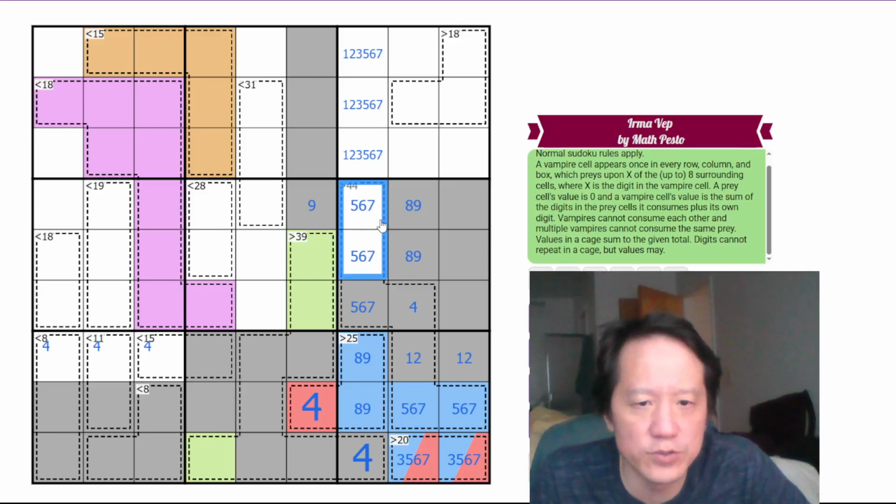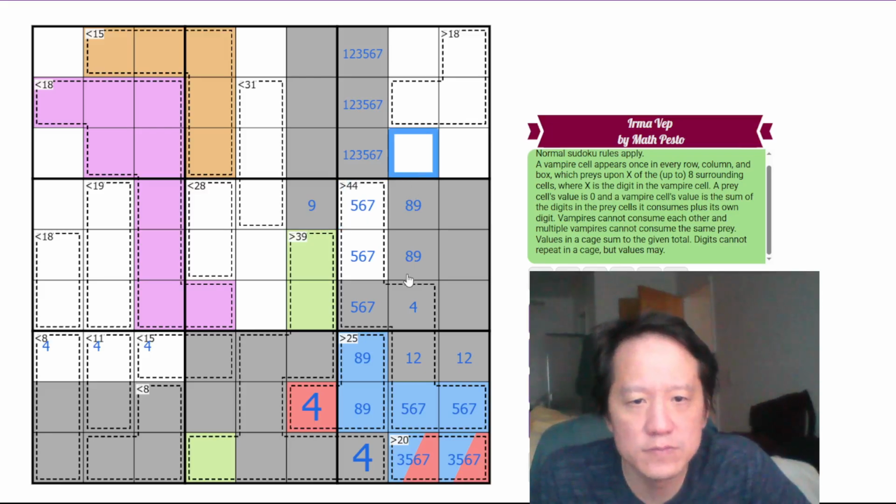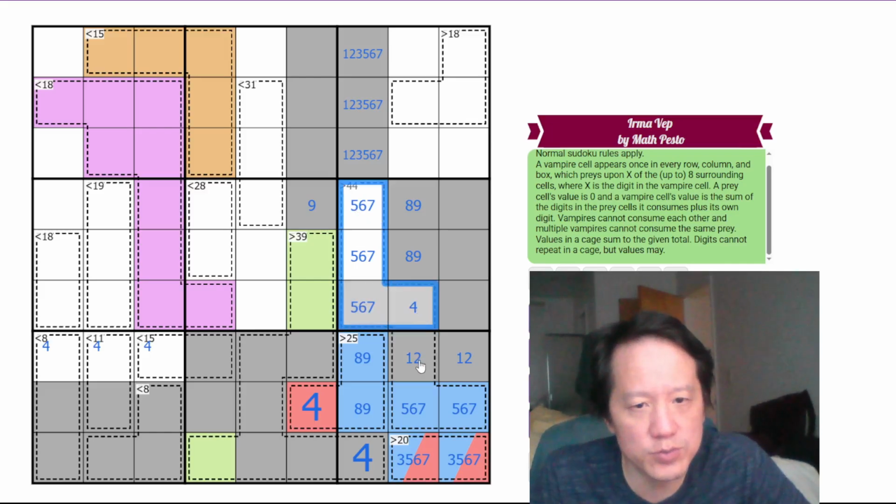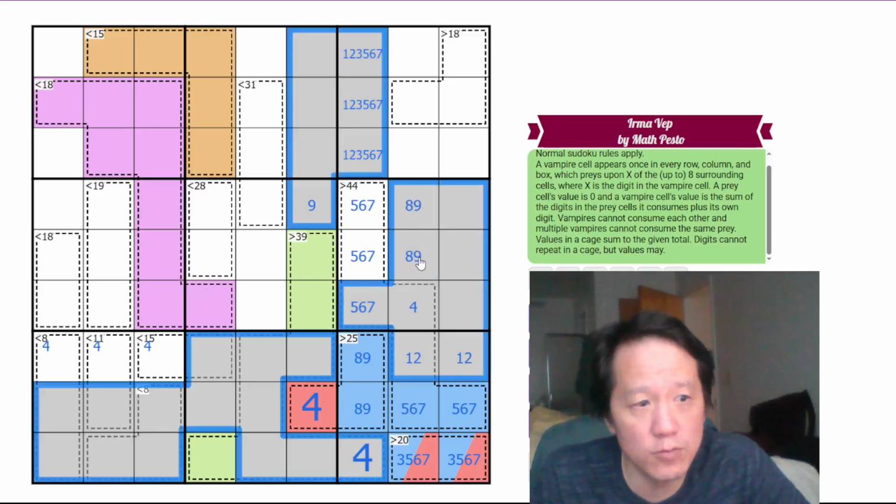So one of these 2 is a vampire cell, and this can't be. None of these can be because we have 1 per row and column and box. You could prey upon this. This is 18 plus 4 plus 2 at least, or at most. So 4, 5, 6, 7 is 22, plus 2 is 24, plus 17 is 41, plus 9.